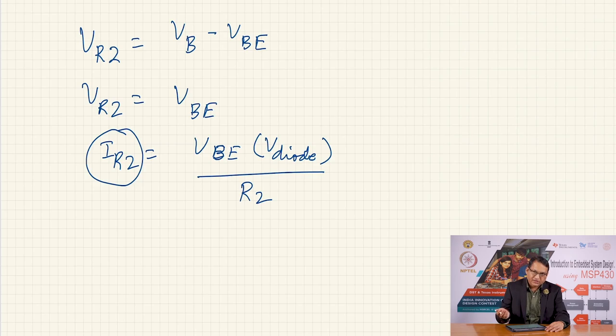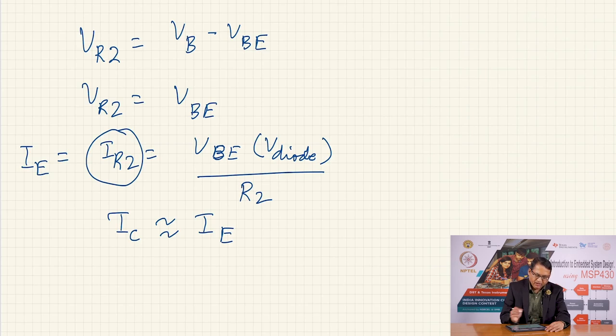If the beta of the transistor in this case is large enough, then IC will be approximately equal to IE, and this IR2 is actually equal to IE, the emitter current, and therefore, this would ensure that the collector current, which is the LED current, remains constant, determined by this equation.